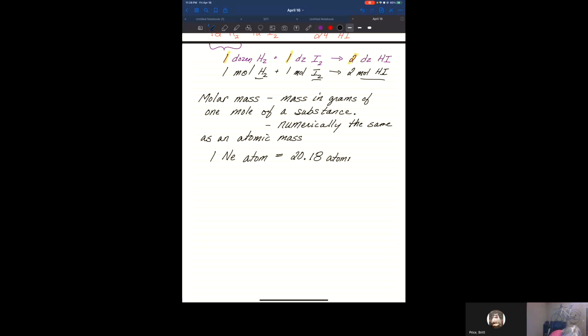We use this fancy atomic mass unit. That's really nice. If I give you a box of neon atoms, 1 mole of neon, it's going to have a mass of 20.18 grams.